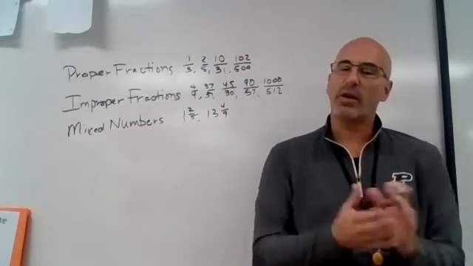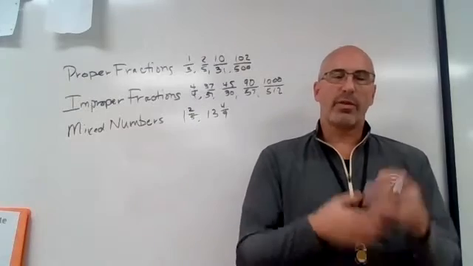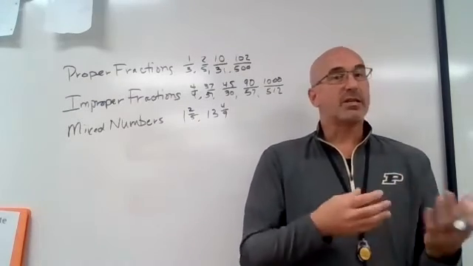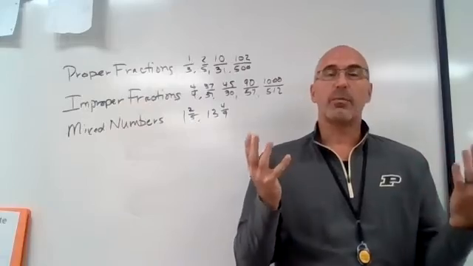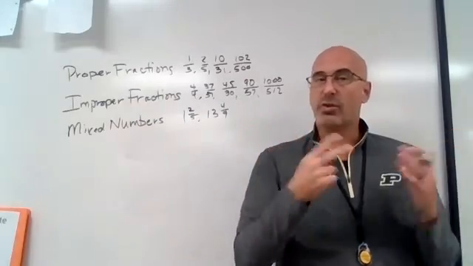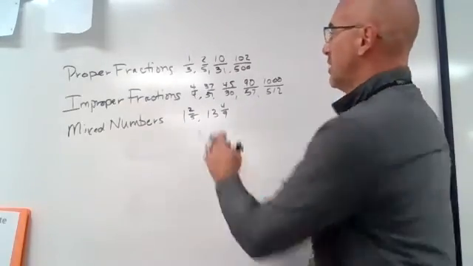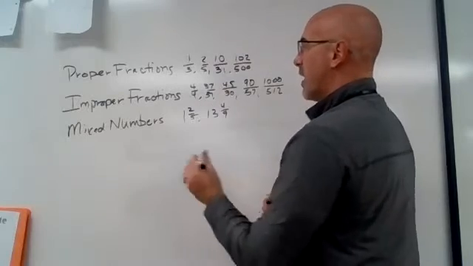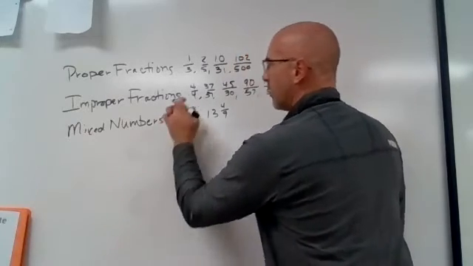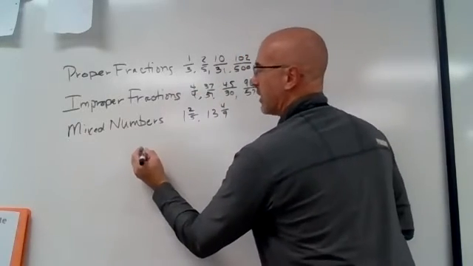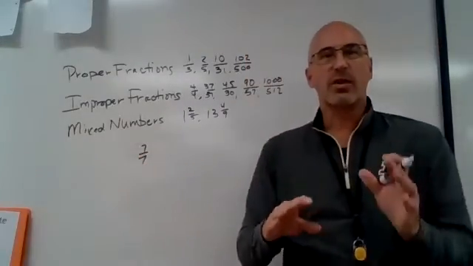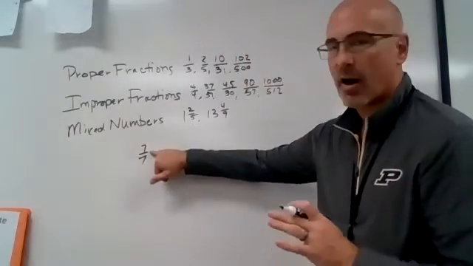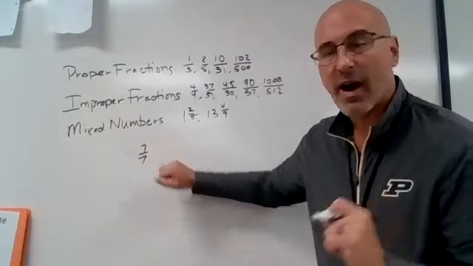Okay, so things that we need to be able to do with improper fractions is to be able to convert them to mixed numbers. Let's do two different kinds. Let's do the kind where the numerator and the denominator are equal. So say we do 7/7. As we know, the fraction bar also means to divide.